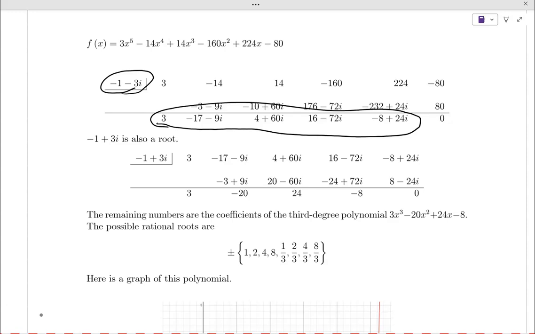Now remember, once you take a complex zero and its conjugate, what has to happen down here? Are you allowed to have any i's down here? No. Okay, so all of those numbers should have been real numbers. In fact, in this case, should have been integers. So this first part that I circled should have been the answer to the first part, and then this one should have been the answer to the second part here. Those numbers.